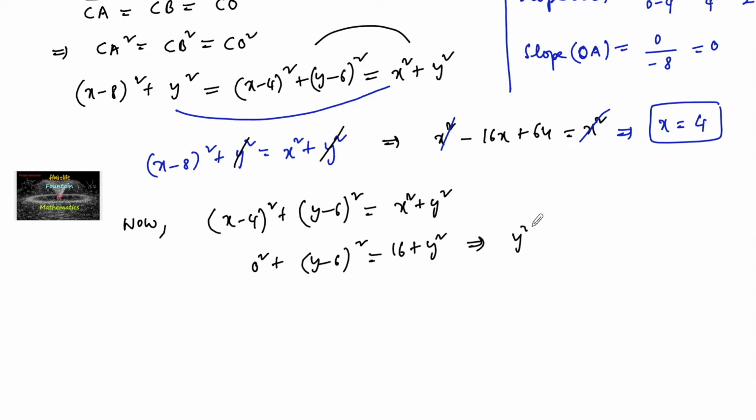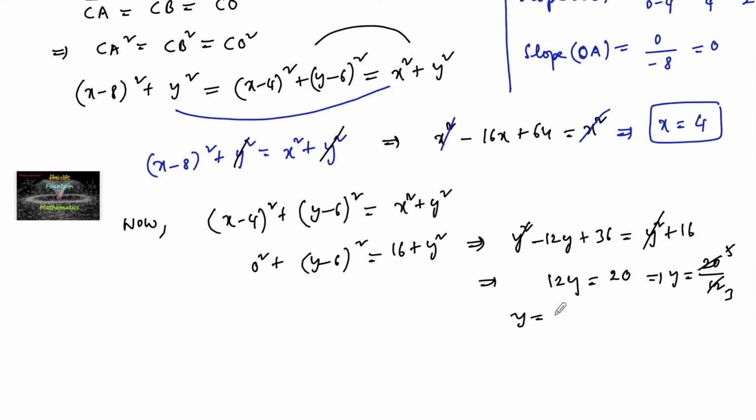On simplifying, y square minus 12y plus 36 is equal to y square plus 16. So again y square gets cancelled. So 12y is equal to 36 minus 16, that is 20. So y is equal to 20 upon 12, or 5 by 3. So y coordinate is 5 by 3. Therefore circumcenter is C(4, 5/3).